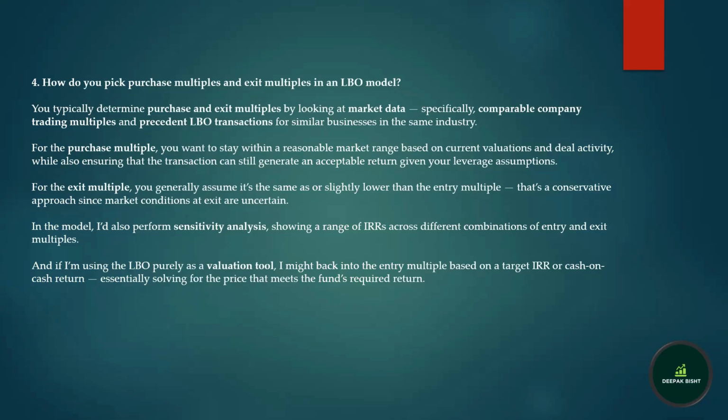You show a range of purchase and exit multiples using a sensitivity table, and that helps you see how the investment return would change if market conditions improve or worsen. And lastly, sometimes it's based on the target return. In some cases, you are using an LBO to value a company, and you might work backwards to set the exit multiple or purchase price to hit a specific target return (IRR), which is known as.